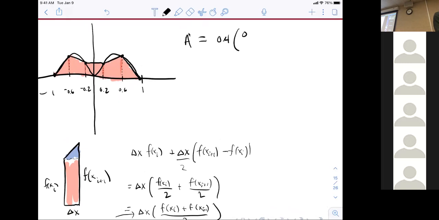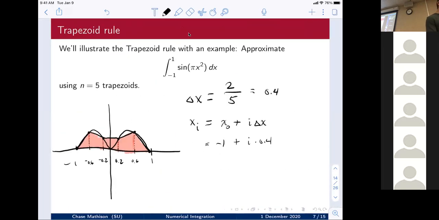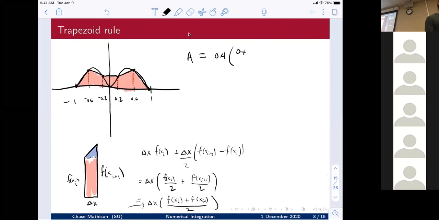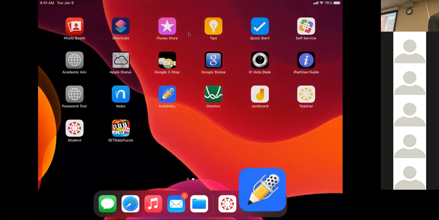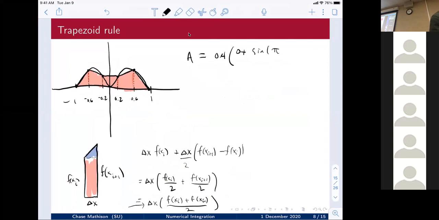So I'm going to get 0 plus, I want f of negative 0.6, where f, remember, f of x for us is the integrand. It's the thing on the inside of the integral. F of x is sine of pi x squared. Okay, so f of negative 0.6 gives me sine of pi times 0.36.